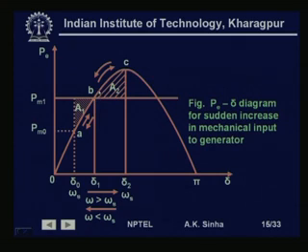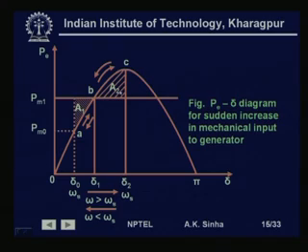When delta angle keeps on increasing here, what is the acceleration that we are getting? Since we go beyond this, we have electrical power output which is larger than the mechanical input. So, we have got deceleration which is going to take place, and P A will be negative, and the speed at this point will keep on reducing till it reaches synchronous speed at this point C. So, if we look at the area between this P m and the electrical power characteristics of the machine, then we get this area A 2, which is the decelerating area.